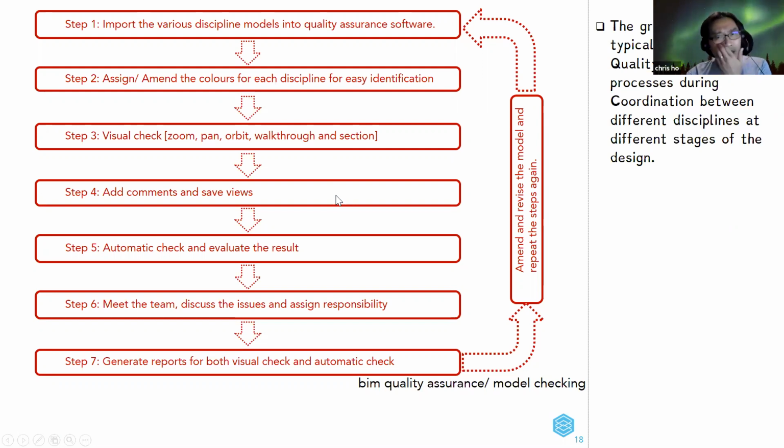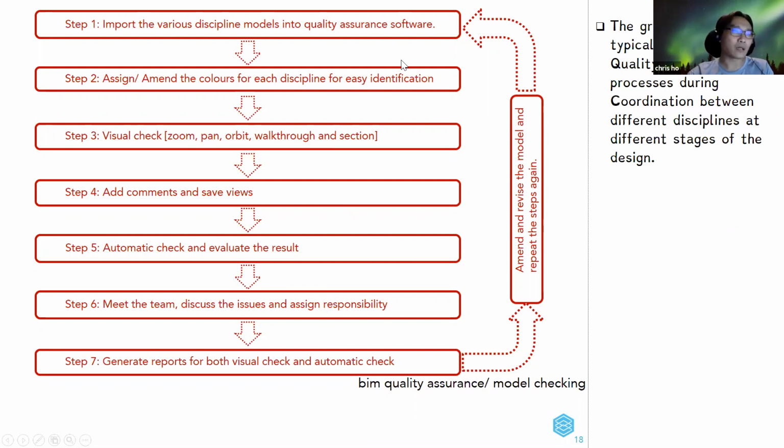And then the next step is you move on to a deeper check where you do automated clash check in Navisworks or in Solibri Model Checker. And then you meet up with the team. And then when you send out your HTML to the various parties, you will start to discuss the issues and start to assign responsibilities. And then eventually you generate reports for the visual check and the automatic check.